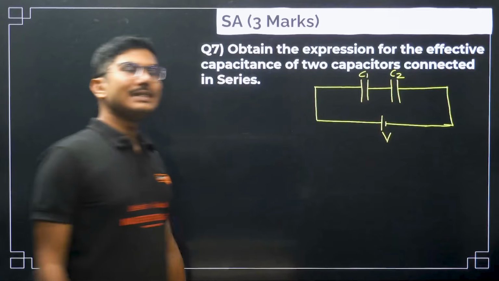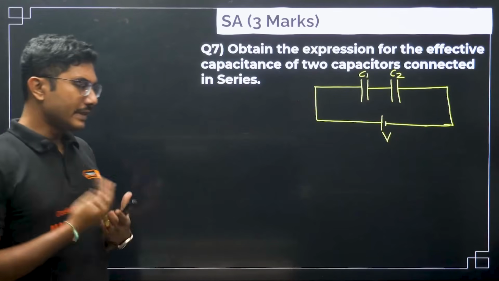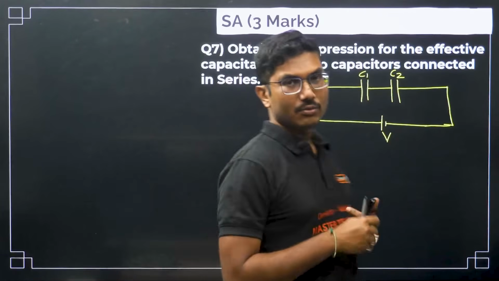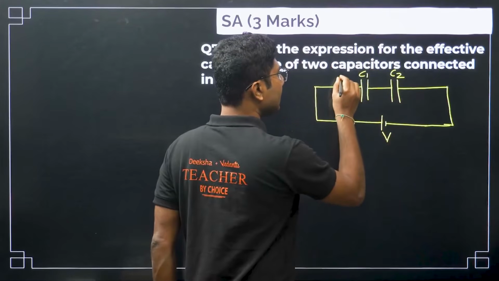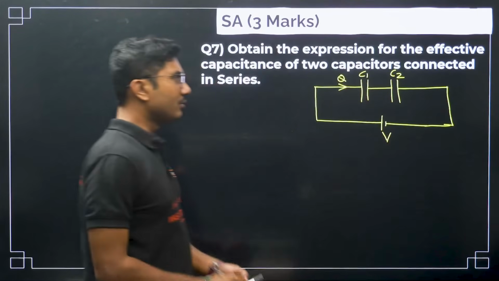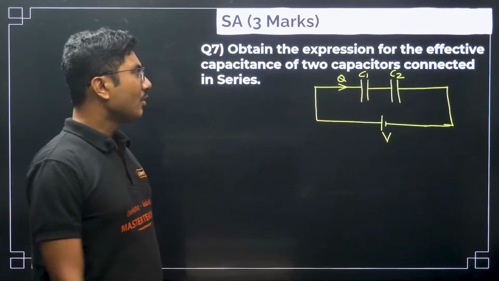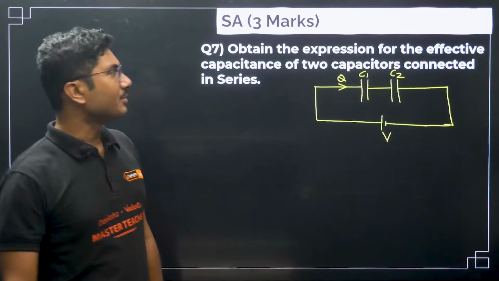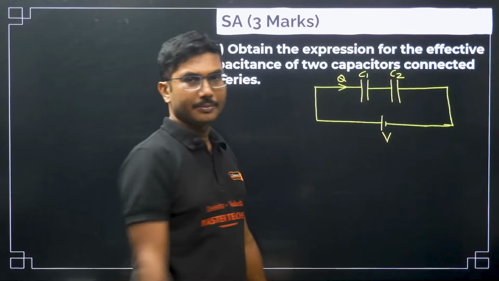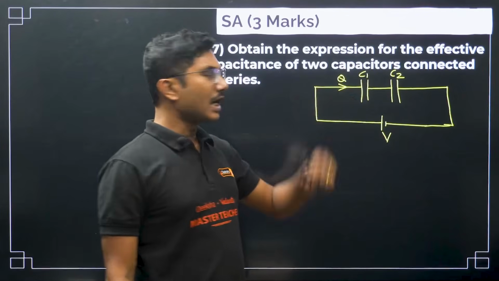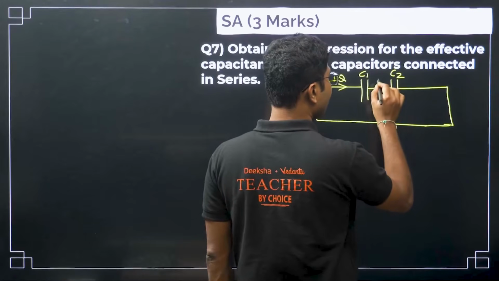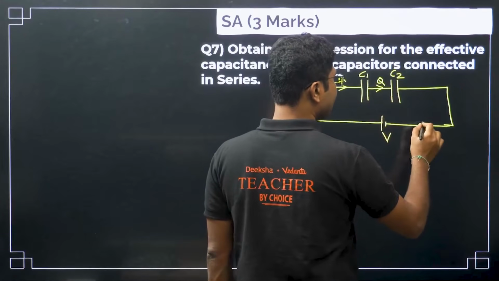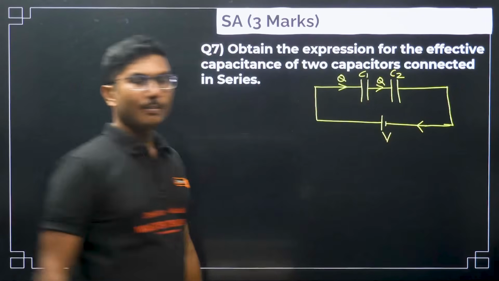Now in series combination, the charge that is flowing will remain the same. From the conservation of charge principle, this is a closed system. So if Q charge is passing through the capacitor C1, the same charge will come over here as well, and the same charge will go back to the battery.